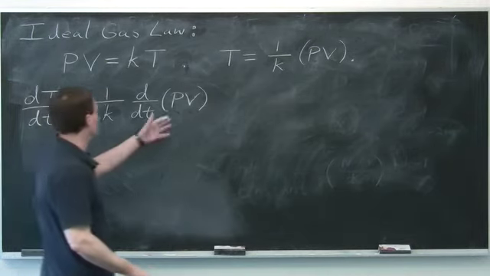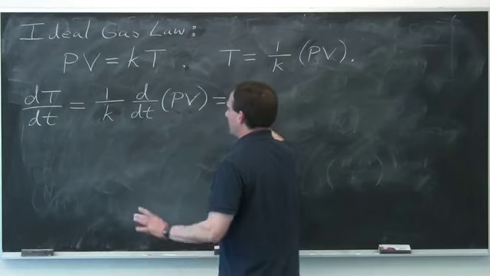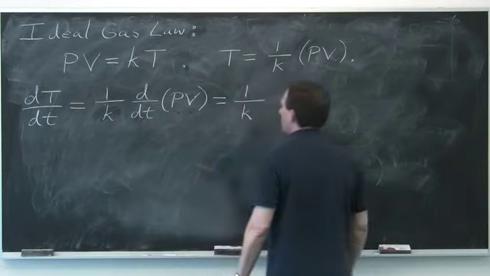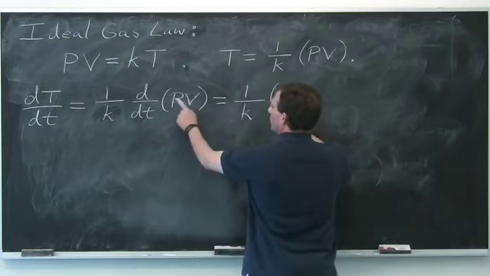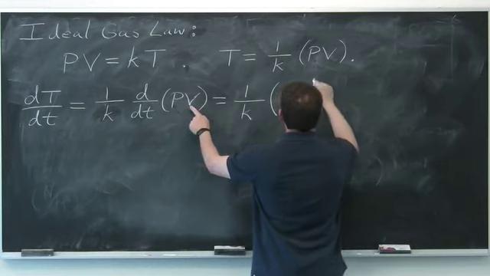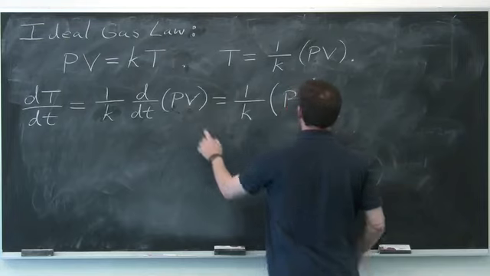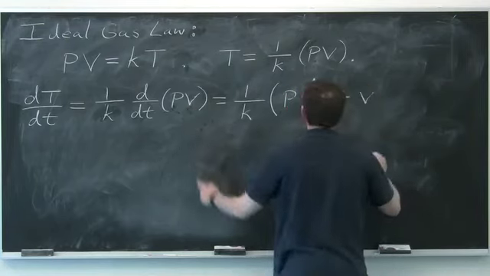So that means that this product is differentiable at time t naught, and its derivative needs to satisfy: it is the first thing times the derivative of the second, plus the second thing times the derivative of the first.